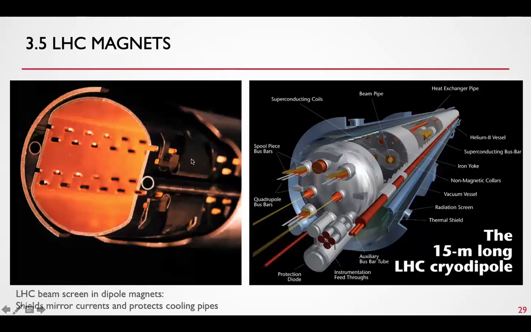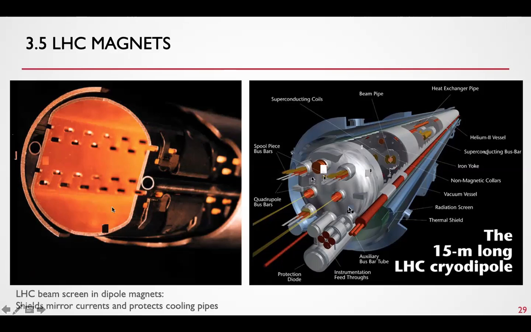Let's look a little bit at what these things look like. The magnets. So here's the cryodipole in a different drawing. Inside here you have the two beam pipes running. The diameter of this whole thing is roughly 1 meter. So here run the beam pipes. That's what a beam pipe looks like.